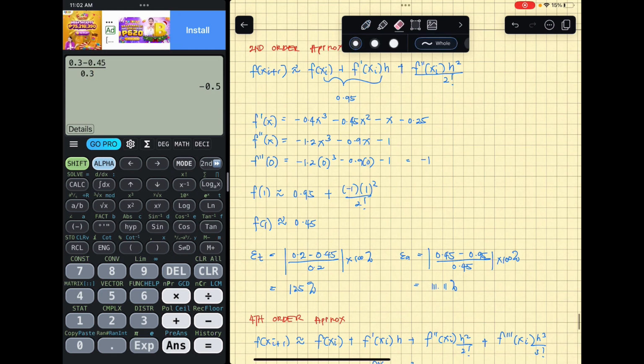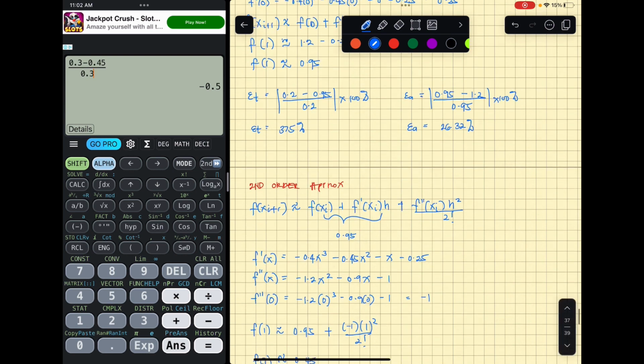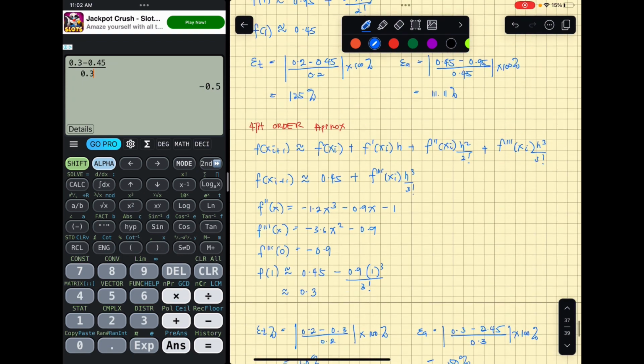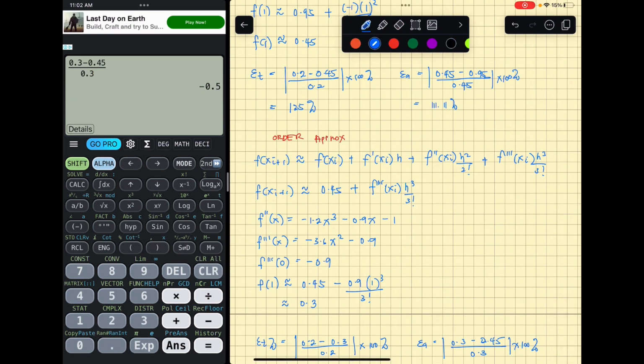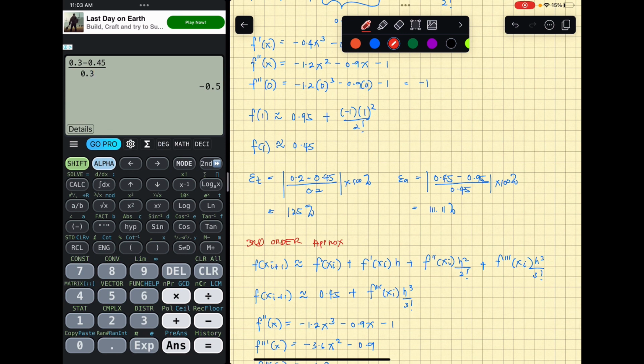This should only be x squared. Okay, so that's still fine. But then for the third order, so this is only third order. So 3 times 1 is negative 1.2, then x squared.